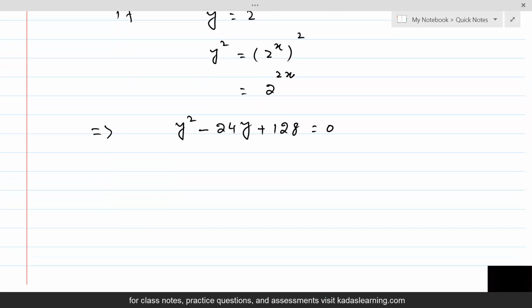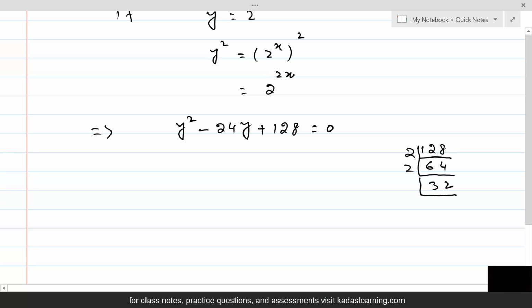And now we factorize 128, and if we make factors of 128, we get 64, then 2 times 32, then 2 times 16, and these are the factors we were looking for, 8 and 16. Because AC is equal to the positive number 128, we need to find two factors of 128 whose sum is equal to 24.